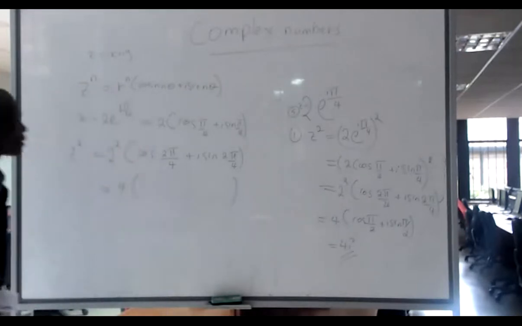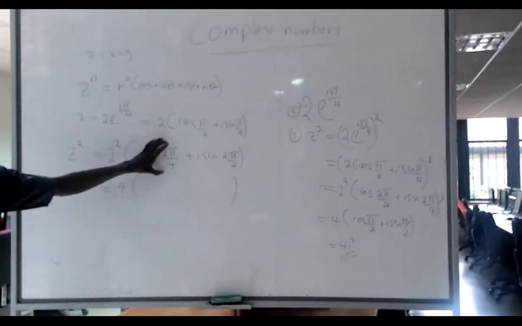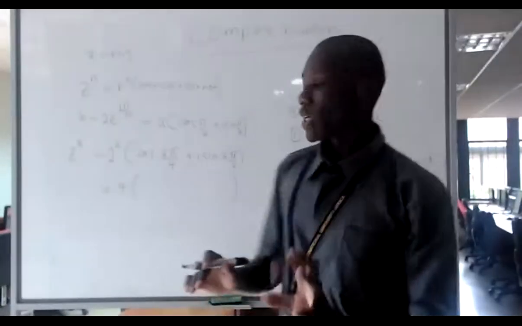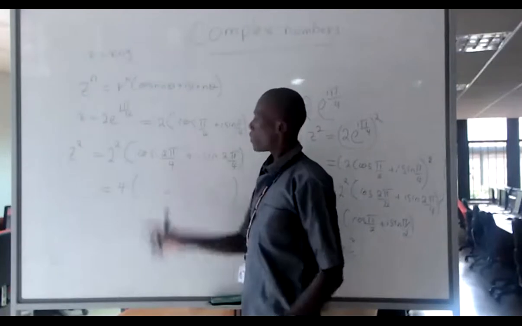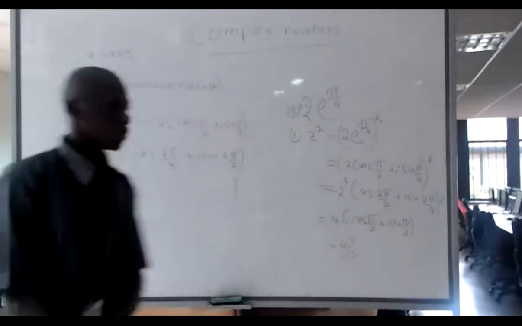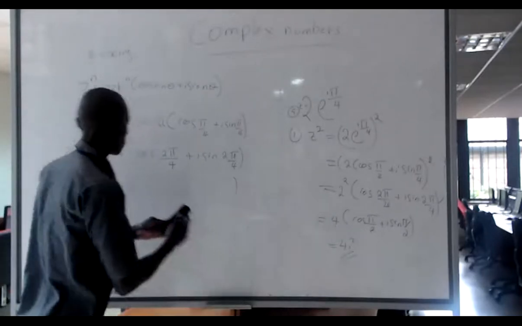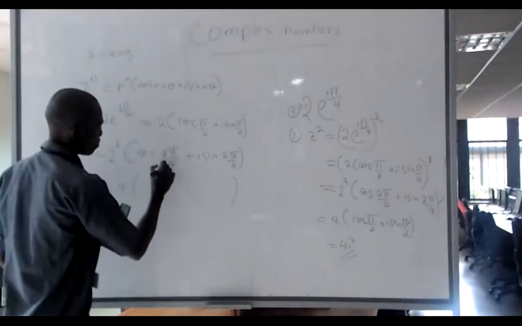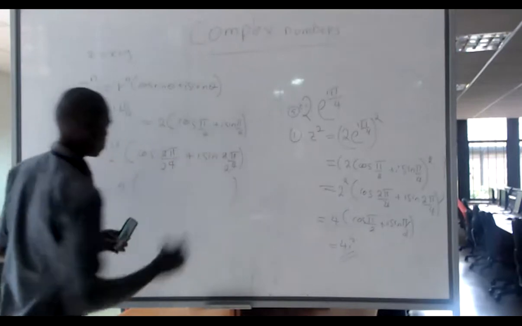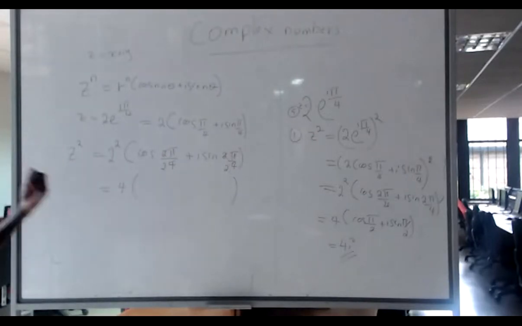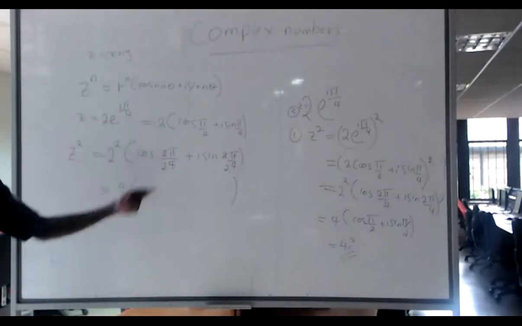And now what is inside? I'll advise you to use your calculator. Change the angle to radians and compute cosine of 2 pi divided by 4, for those who have a scientific calculator. Of course, 2 pi divided by 4 is the same as pi over 2. These 2's can cancel and you get pi over 2. So change your scientific calculator to radians and compute cosine of pi divided by 2.